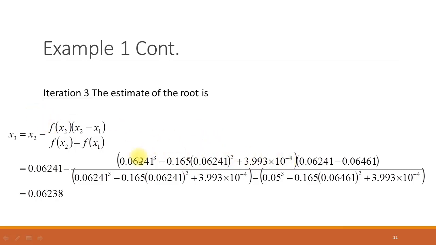This is the value of the function at x2, into the value of x2, 0.06241, minus this is the value of x1, 0.06461, divided by, now again the function at x2, 0.06241 whole cube minus 0.165 into 0.06241 whole square plus 3.993 multiplied by 10 raised to the power minus 4, minus, now the function at x1, 0.06461 whole cube minus 0.165 into 0.06461 whole square plus 3.993 multiplied by 10 raised to the power minus 4.